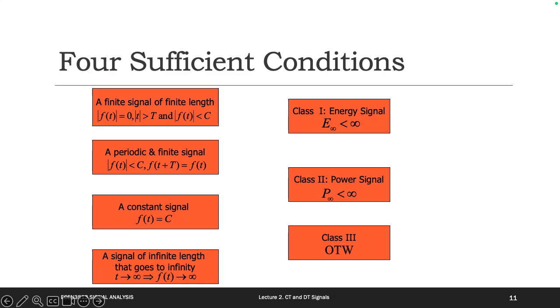Okay, let's talk about the first one, the finite signal of finite length. Which class will this signal belong to? Class 3? Are you sure? It's class 1. Yeah, you're right, class 1. Why? Because f(t) is 0 outside, you can see here.